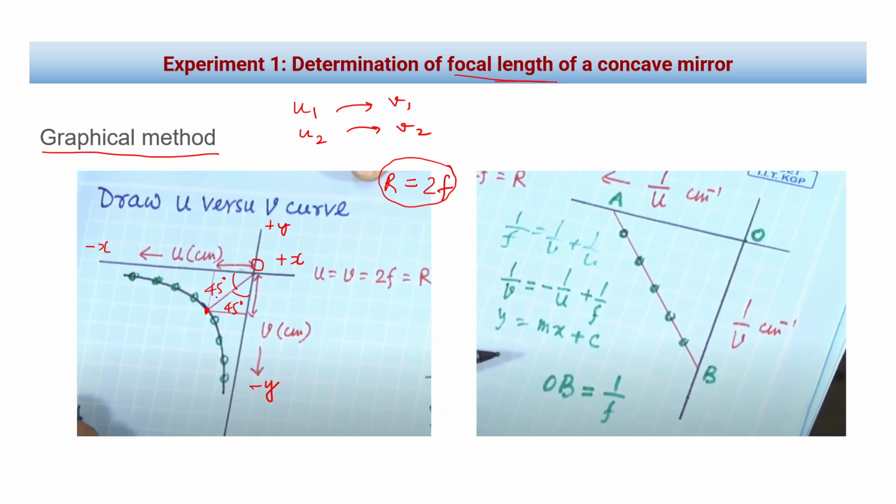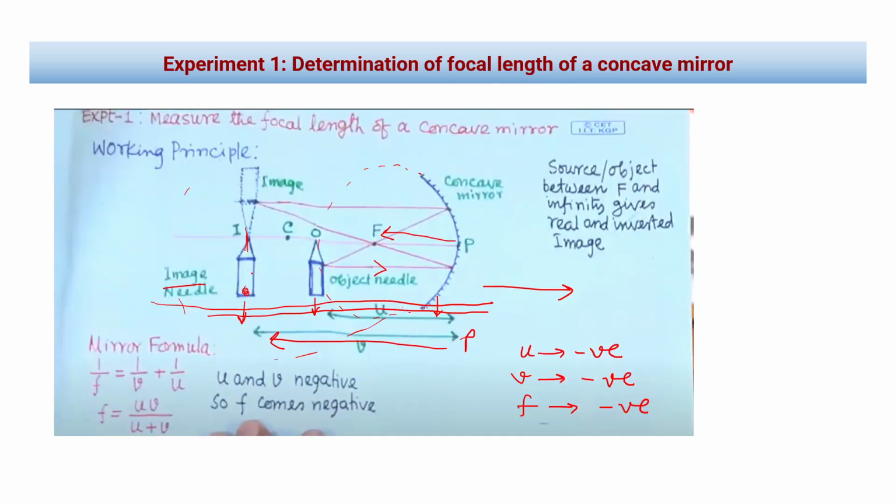That means the angle of incidence and angle of reflection are both equal. And if you remember, I had told very much in the beginning that if we have a concave mirror or convex mirror and the light is passing through the center of curvature, then it will go back in the same direction.